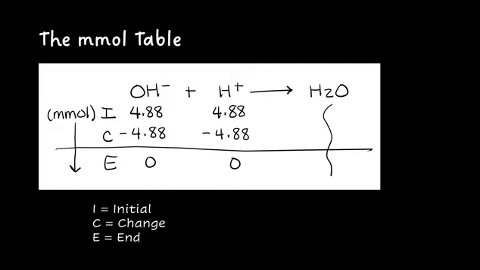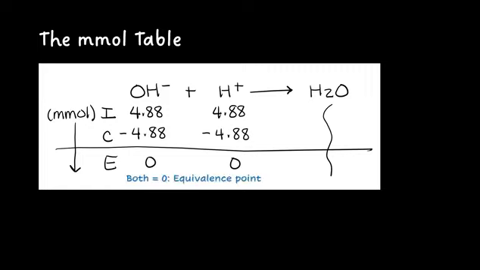I equals initial, which is what we're starting with in this particular situation. C equals change, where we subtract the lower initial amount from each reactant. And E equals end, which is what is left in solution after the base and the acid have reacted.